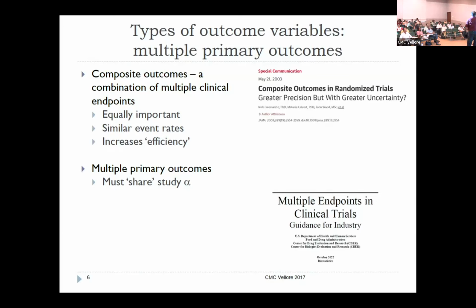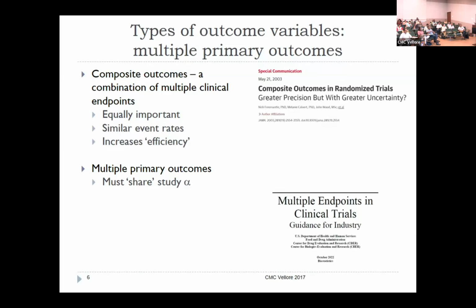There's also hierarchical testing. So you say, okay, I have these four primaries, but one is more primary than others. And so I will test that one first. Let's keep it simple.